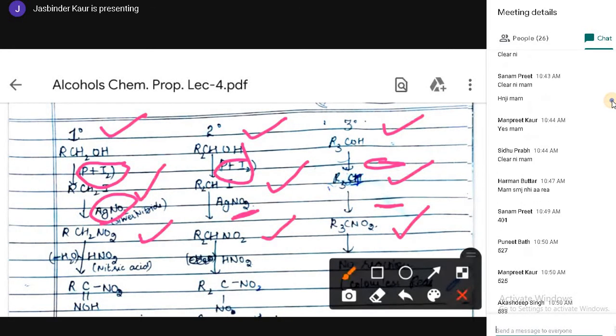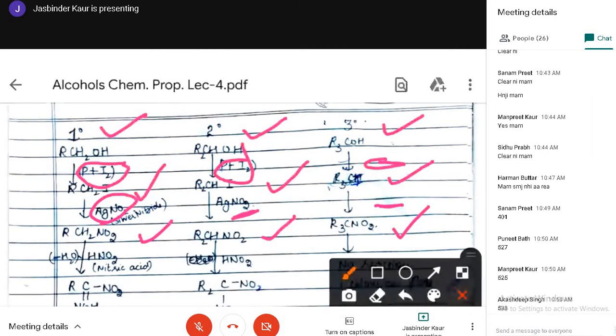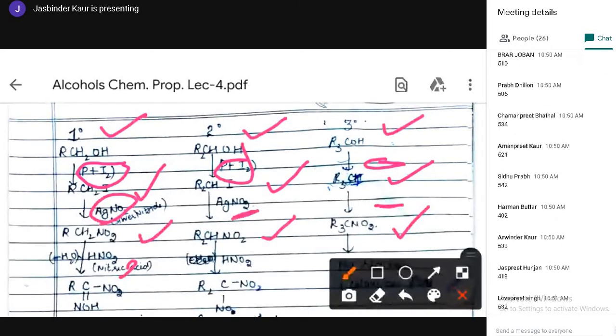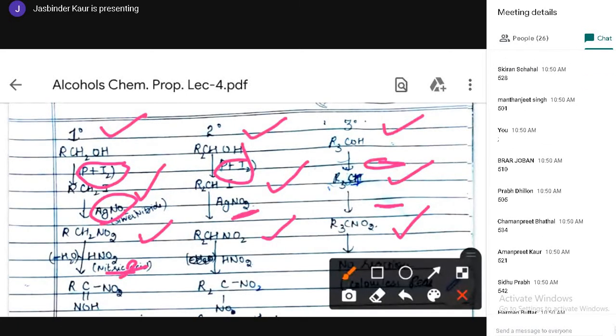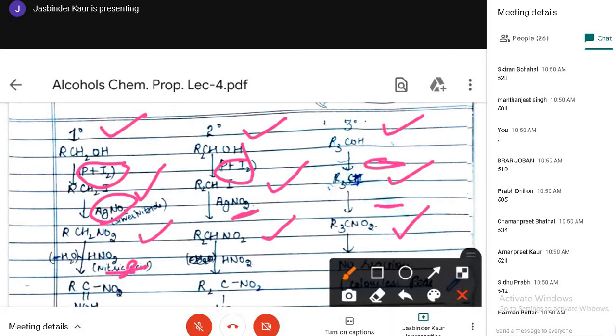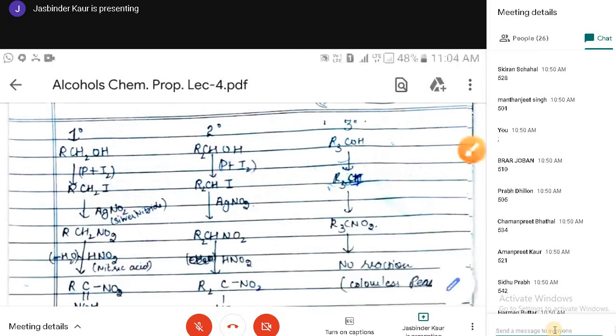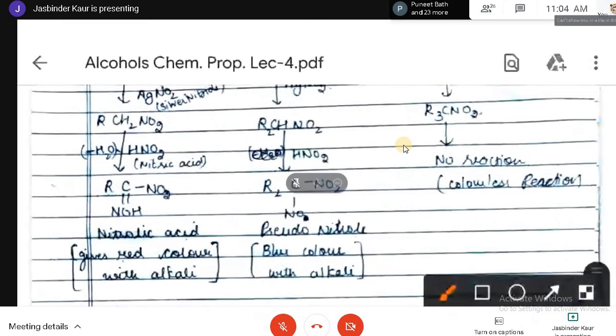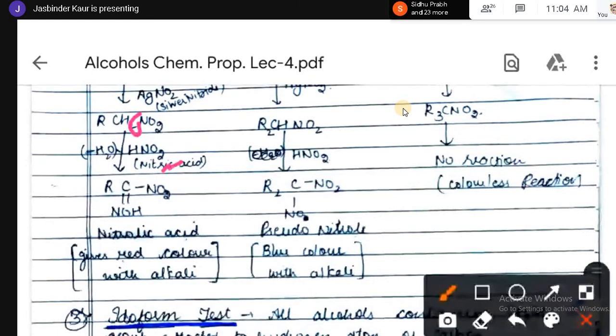And then further, when it's treated with nitrous acid, HNO2, then water is removed. That is, H from this carbon and O from this HNO2, and we get NOH.